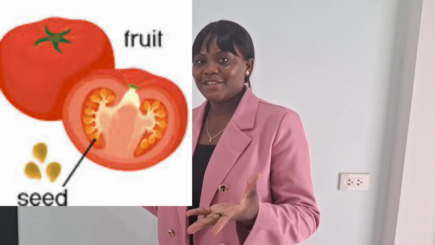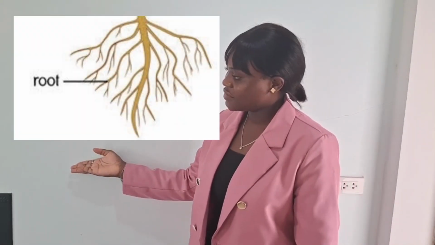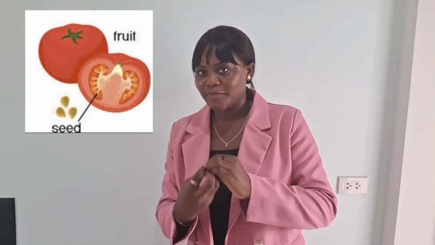But there is something in the fruit that we can't see, which is the seed. Okay, good job. So we have the root, the stem, the leaf, the flower, then the fruit. And in the fruit, we have the seed.